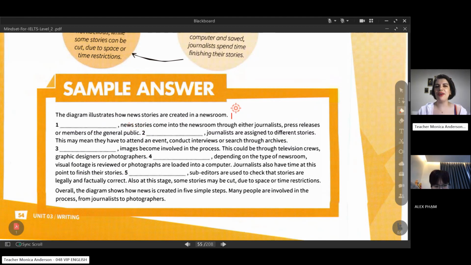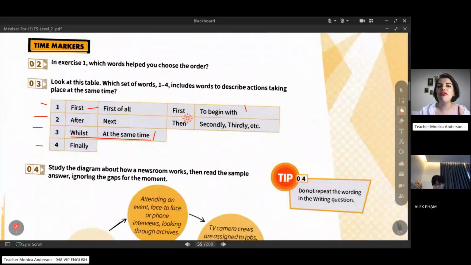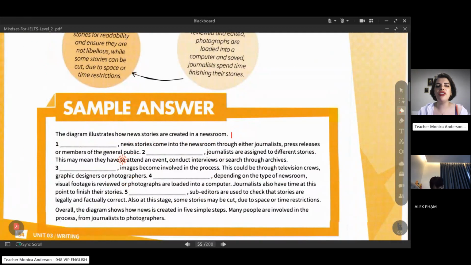First is better than firstly here. So first, or to begin with, these two, but first is better here. First, news stories come into the newsroom through either journalists, and then number 2, journalist.